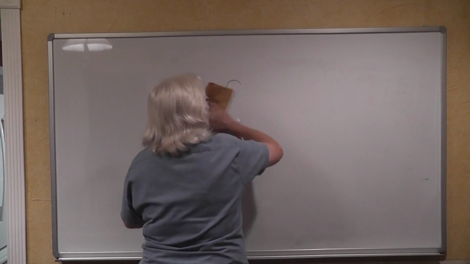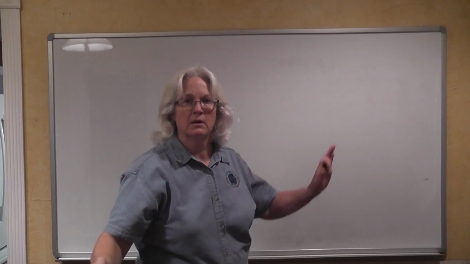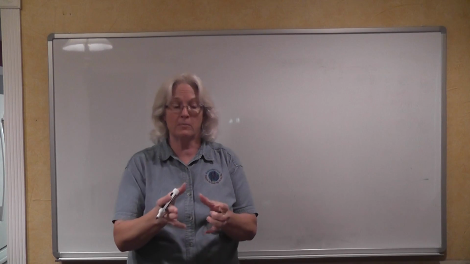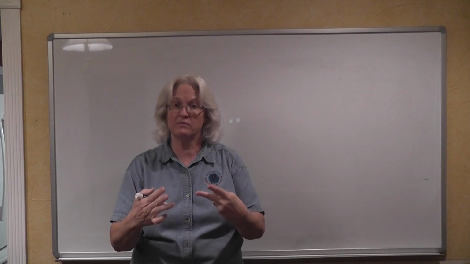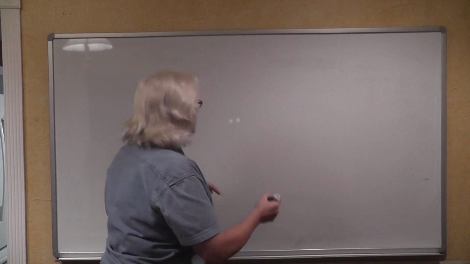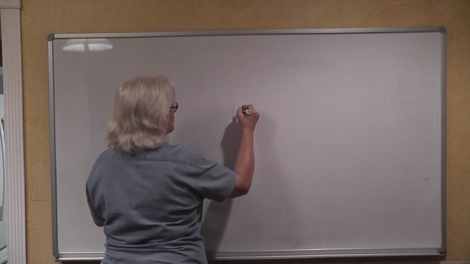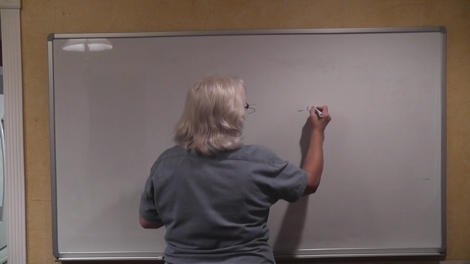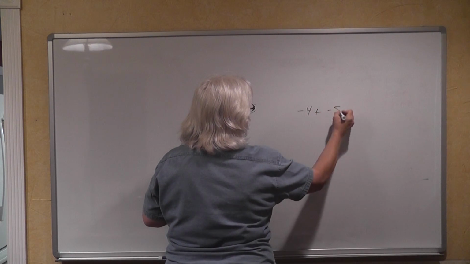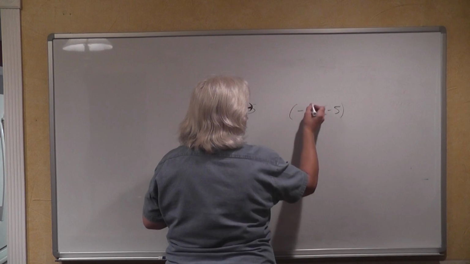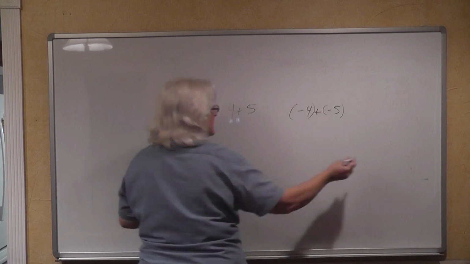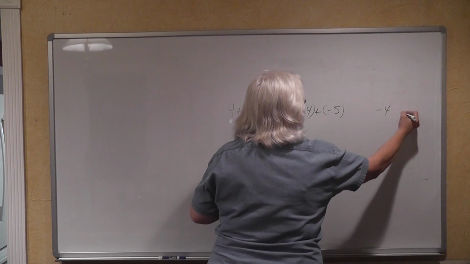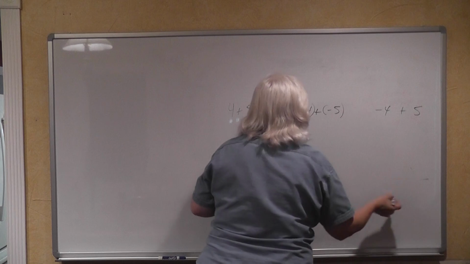So, if we have this number line that I've just erased, and we are talking about pairs of numbers, what possible combinations of pairs of numbers can we have? Well, what if we said 4 plus 5, and then we said negative 4 plus a negative 5, and then we said negative 4 plus a positive 5.